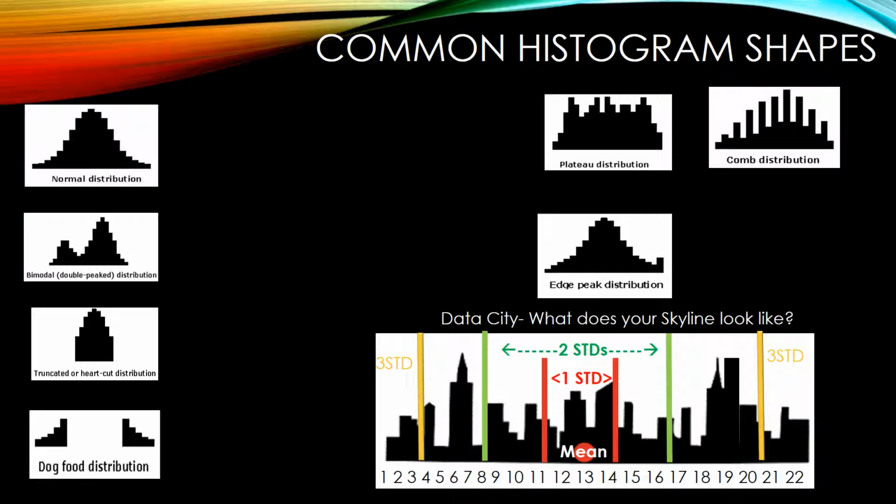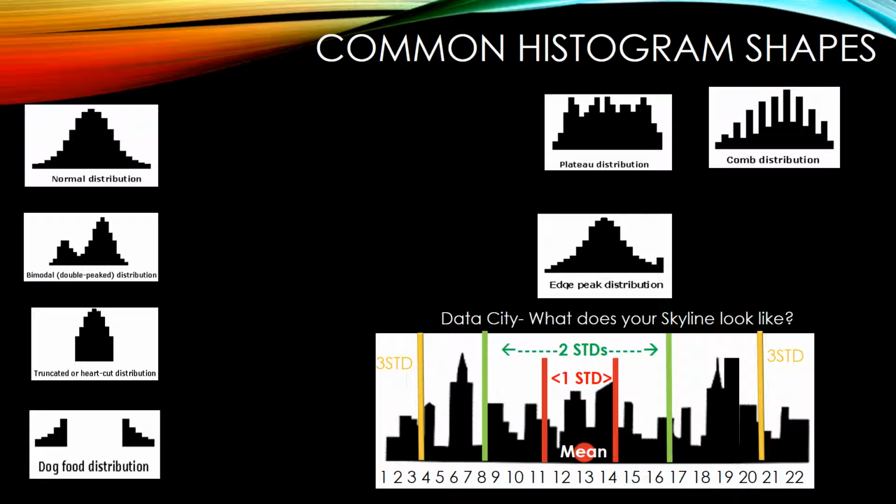Alright, so we're going to look at some common histogram shapes. You'll remember from Basic Statistics 2, when we first started talking about histograms, we talked a little bit about what your skyline looks like. And we talked about how you can imagine your data as a city, and the mean is at the center of town, and there are various surrounding neighborhoods that are within 1, 2, or 3 standard deviations of that center of town.